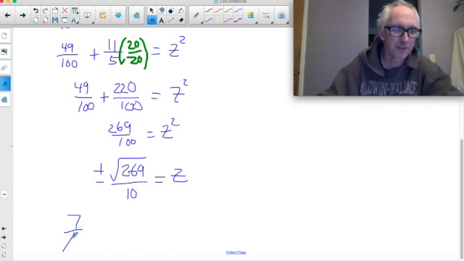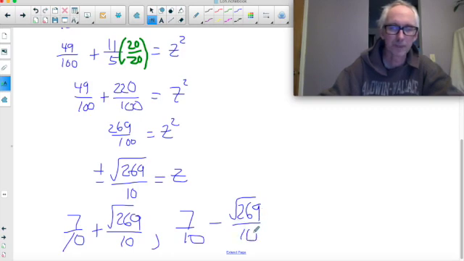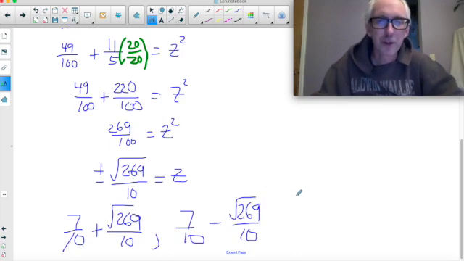So we have 7/10 plus the square root of 269 over 10, and 7/10 minus the square root of 269 over 10. Okay, those are our solutions.